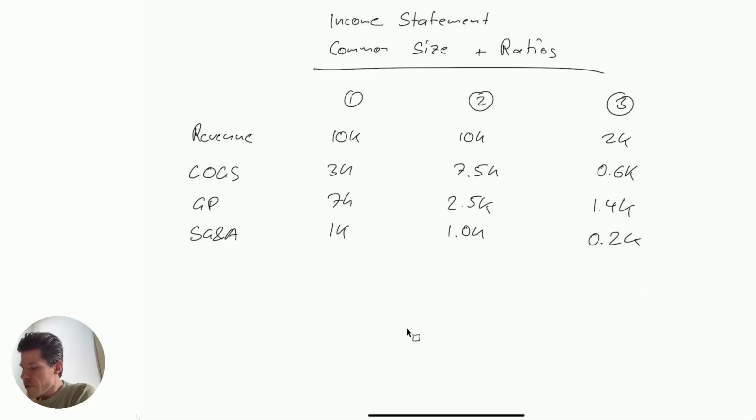So three different companies of different size. You see the first two have 10K, and the third company is a bit smaller.